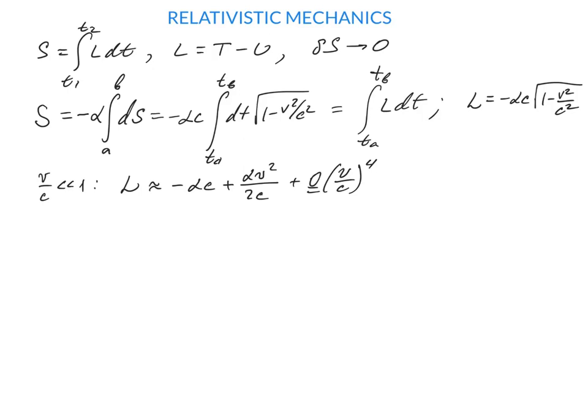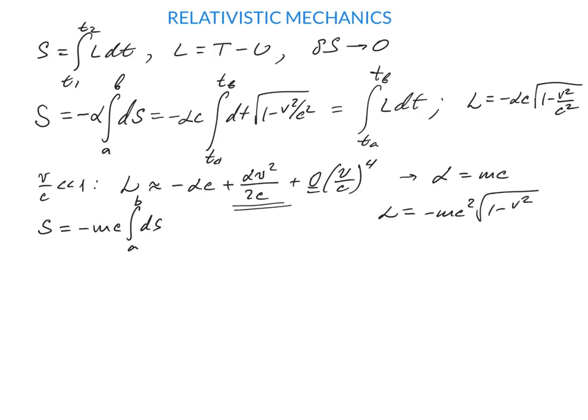So the velocity-dependent term here should correspond to the classical kinetic energy, which is mv squared over 2. So from here, we find that alpha must be equal to mc. Thus, the full definition of the action gives us minus mc integral ds. In the Lagrangian, instead of alpha, we have minus mc squared times the square root.